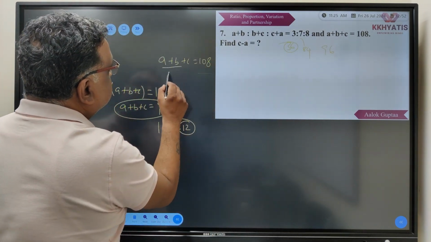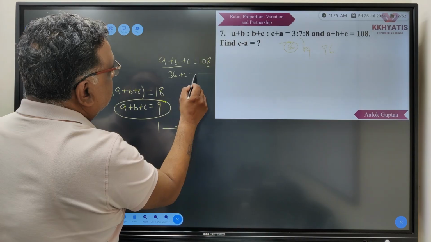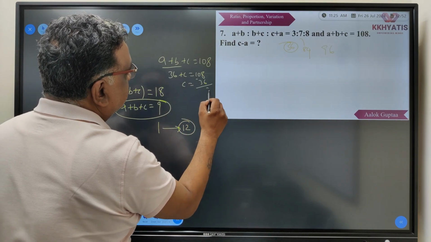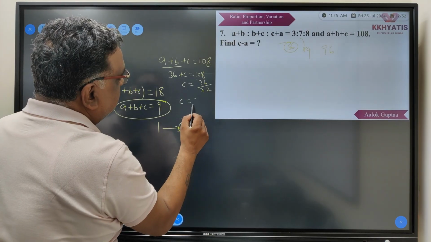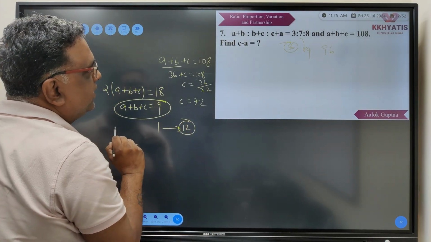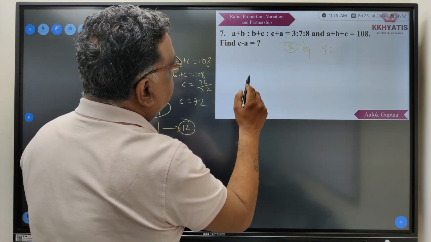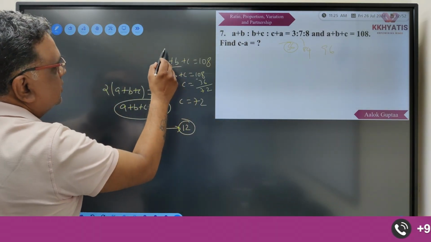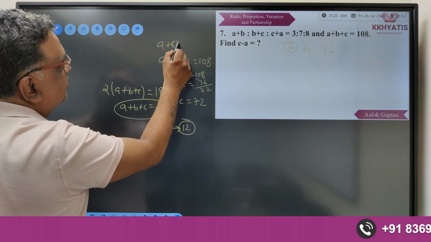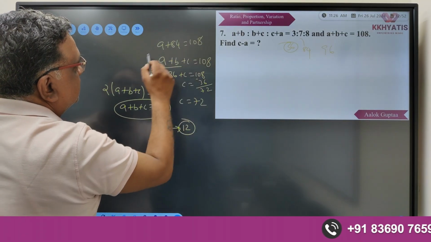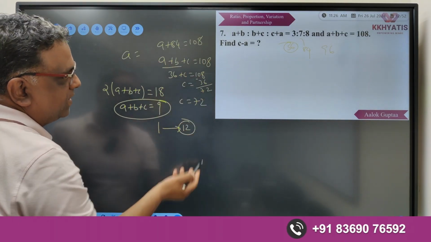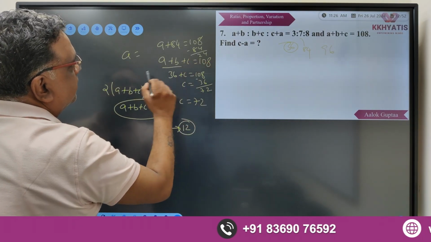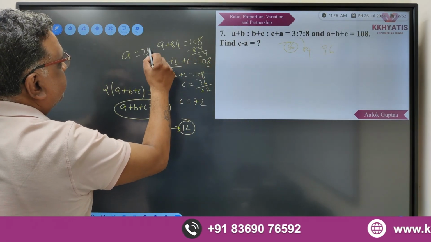So if I put 36 here, I will get C. So C will be, I will subtract 36 from here. So C is 72. Now I want to find A. So to find A, I can use B plus C. So B plus C is 84. So I can say A plus 84 is 108. So A will become 108 minus 84, 24.